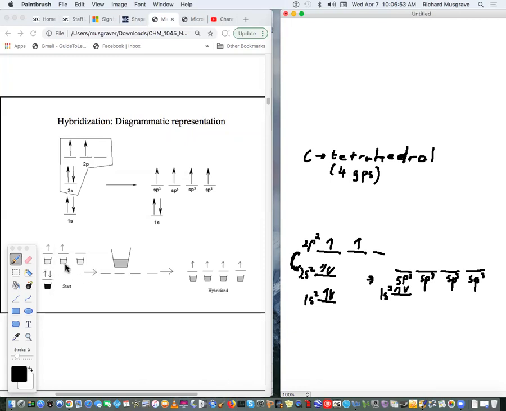And when you add blue and yellow together, you get green. And so if you take all of those orbitals, you mix them up into the same pot, you'll get this green mixture.